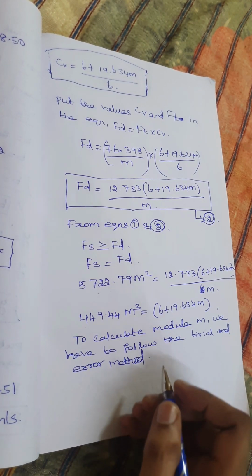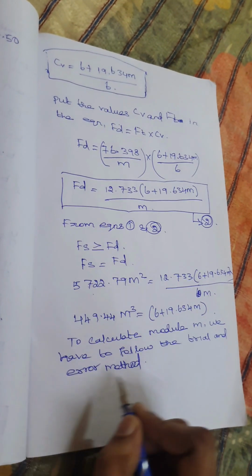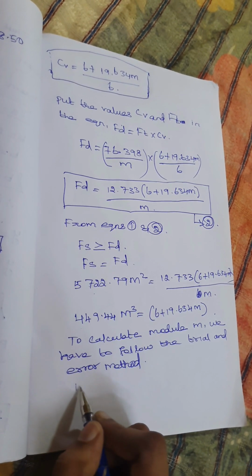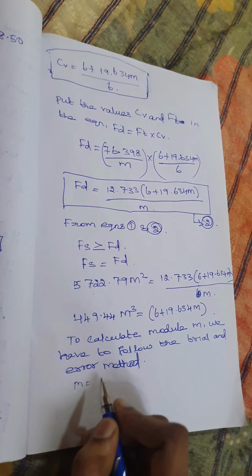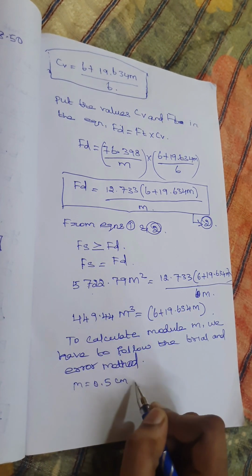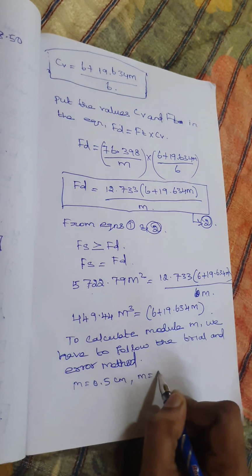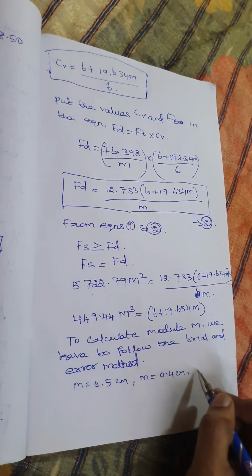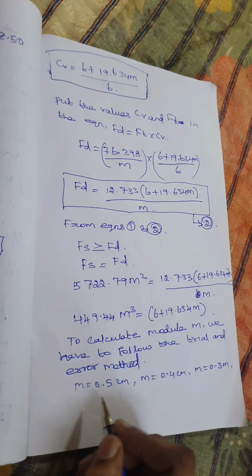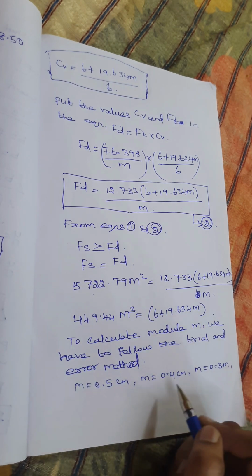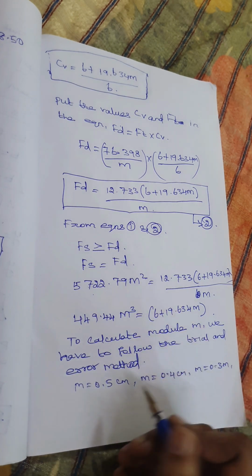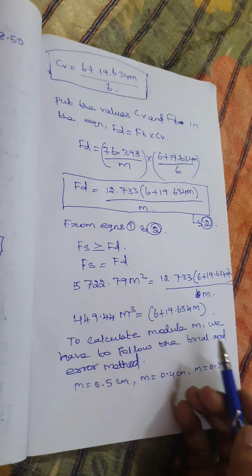In this trial and error method, we can give values for m, like 0.5 centimeter, 0.4 centimeter and 0.3 centimeter, and these kinds of values we can use for m, and check whether this condition is satisfied or not.